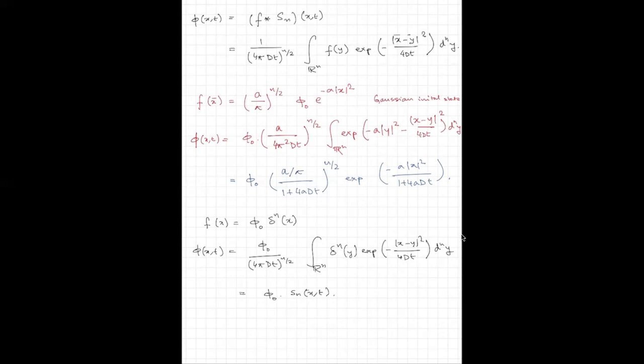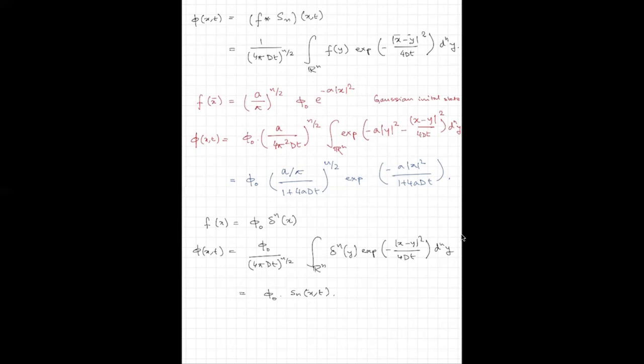So let's point out some very interesting features here. One of the very striking properties of this particular solution is that for any finite time t greater than 0, there is a solution mod phi which is greater than 0 everywhere throughout all of space, no matter how small.